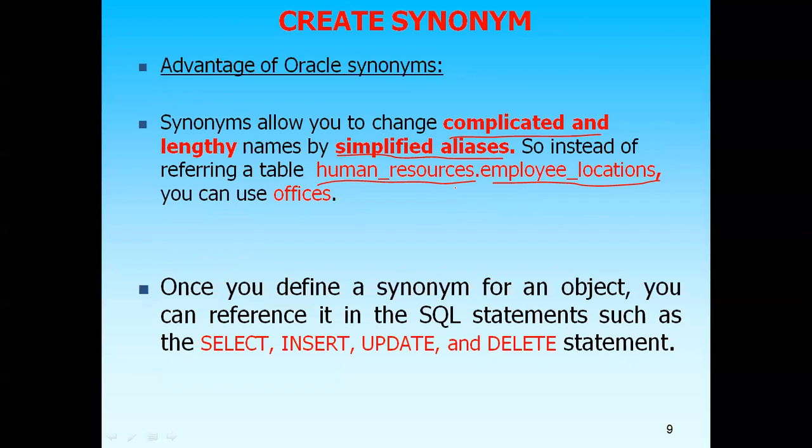So instead of this, there is an alternative solution, that is synonym, right? So you can create a synonym for this lengthy, complicated name, and you can give an alias to the name, that is offices. So other users will use this name, offices. Not only other users, the one user also in their own database can use the synonym name, the simplified name, for performing the different operations, right?